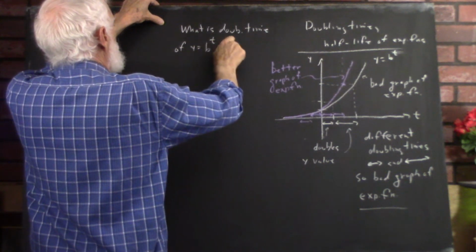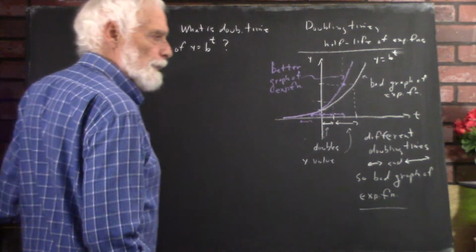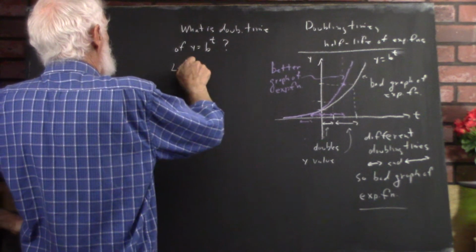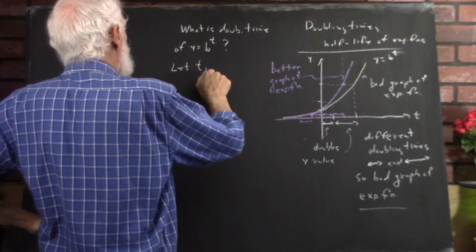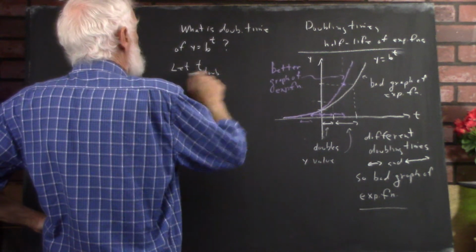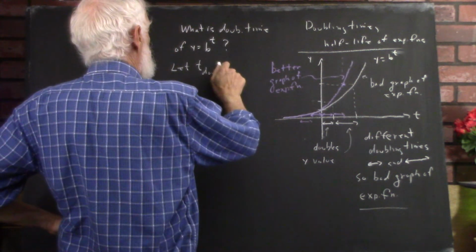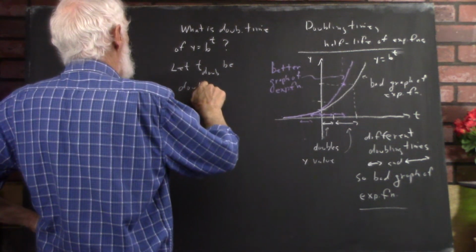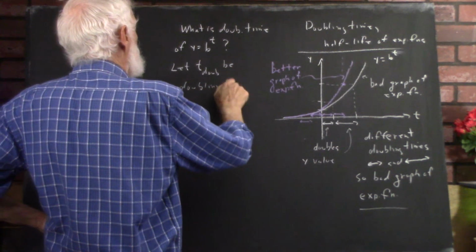First of all, what's the doubling time of y equals b to the t? Well, let t sub dub be the doubling time.